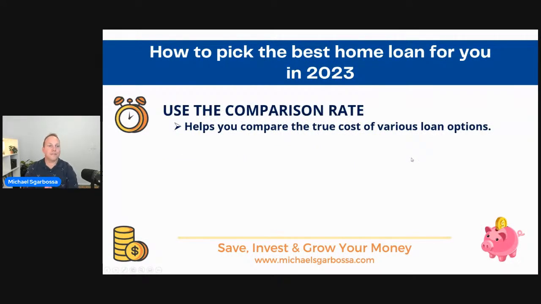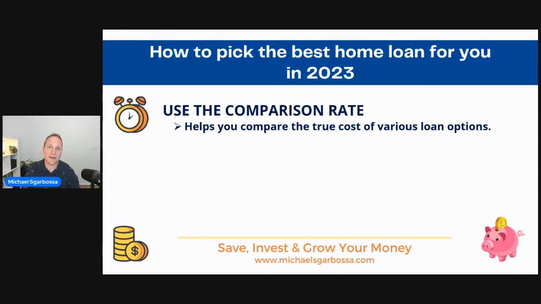Okay, so comparison rate. Here in Australia, we're fortunate to have the comparison rate to help us determine what loan provides us the best value for money. And if you're in the UK, because I like to share a bit about the UK, I lived there for 10 years, there's something called the APRC, the annual percentage rate of change.